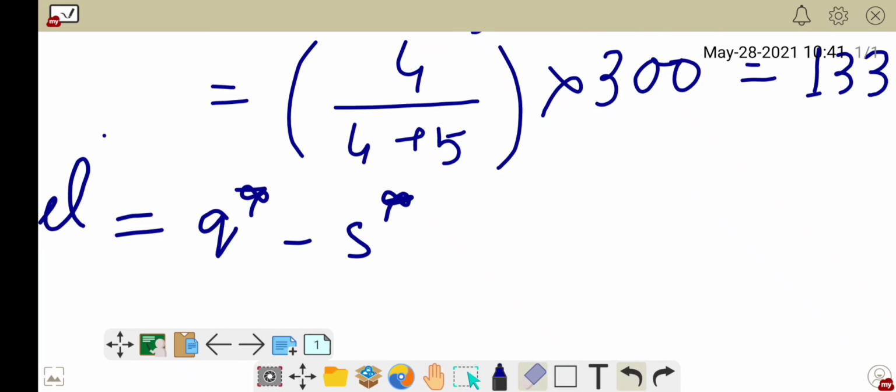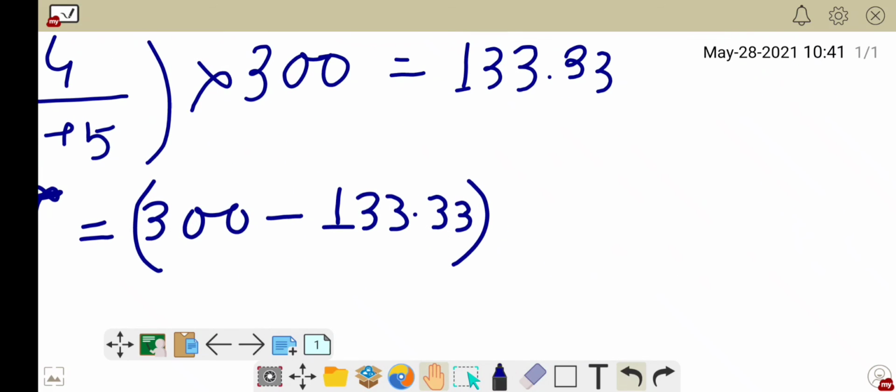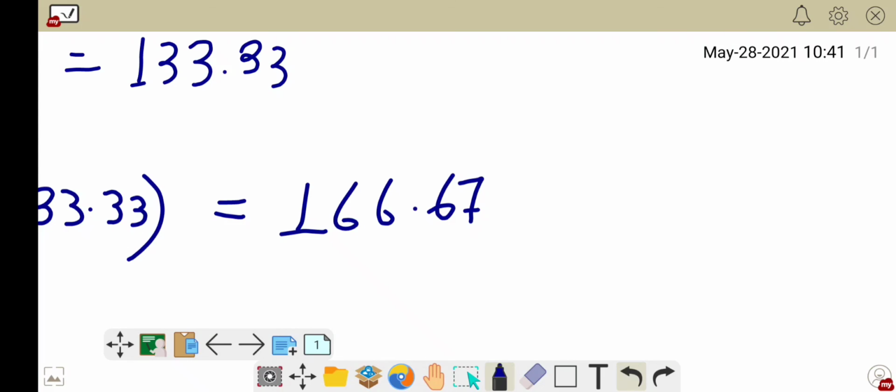Q star means 300 minus 133.33, and the value will arise here 166.67 units.